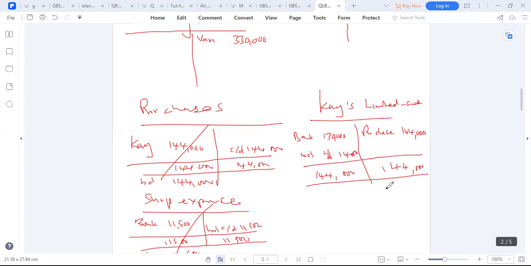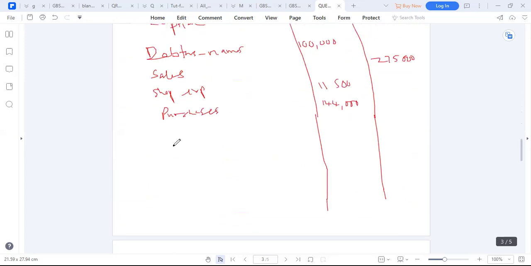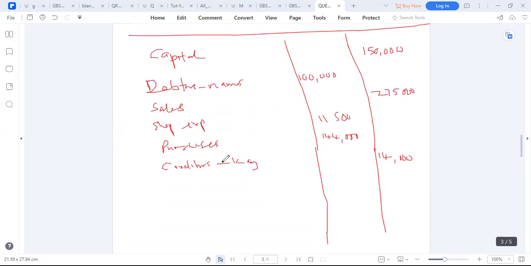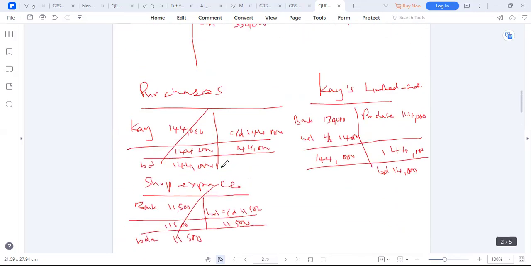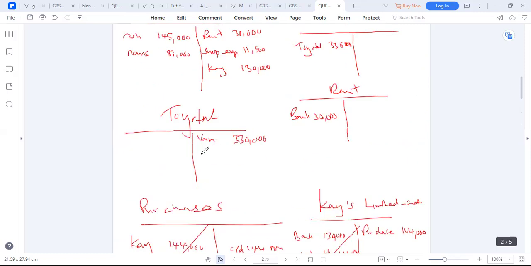So here we come and balance 14,000. Who's K? The creditor. So it's creditors, 14,000. If there are many creditors, you can lump them up into one. Okay, so we're done with this.